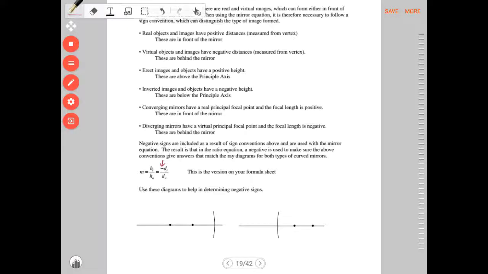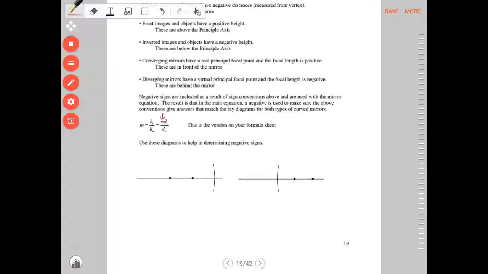So I want you to use these pictures to help you with this. Here the height is positive. Usually this is HO, the height of the object. This is the positive for height. If we're below the principal axis, our heights are negative.